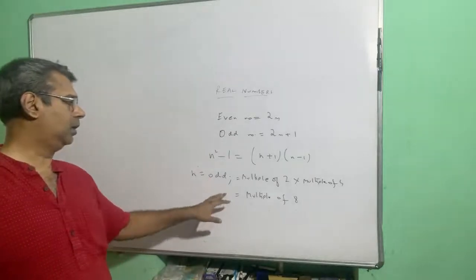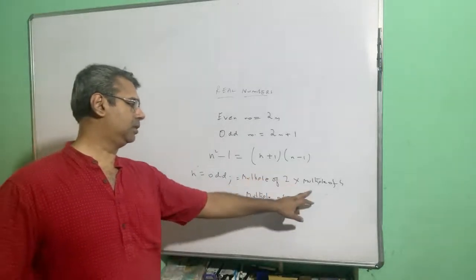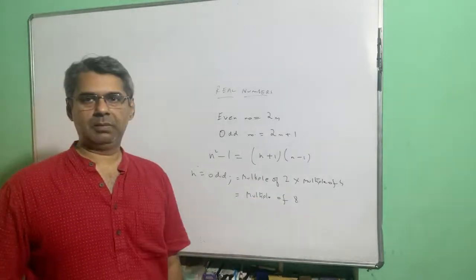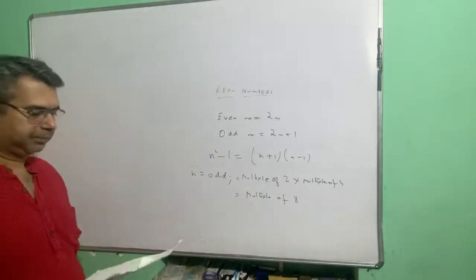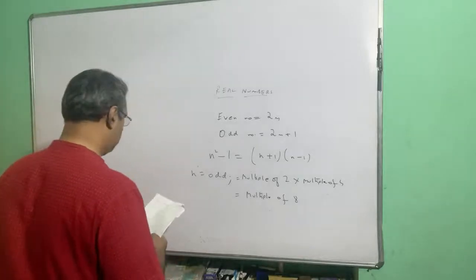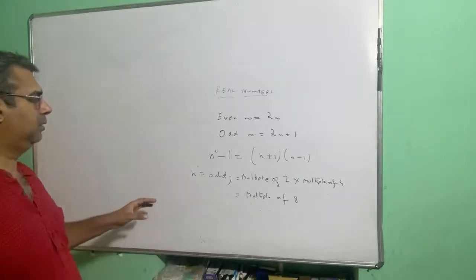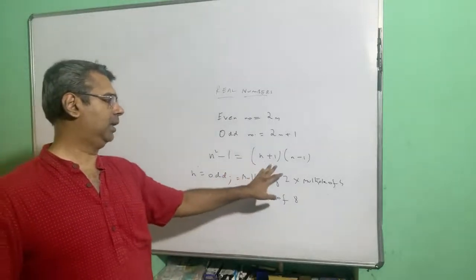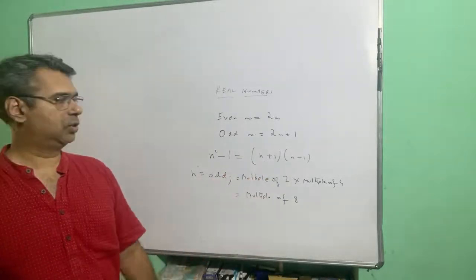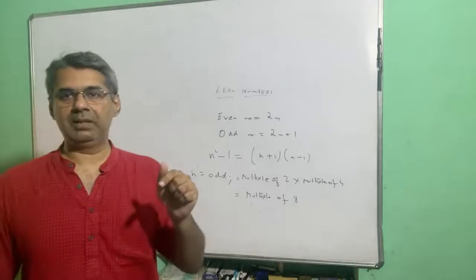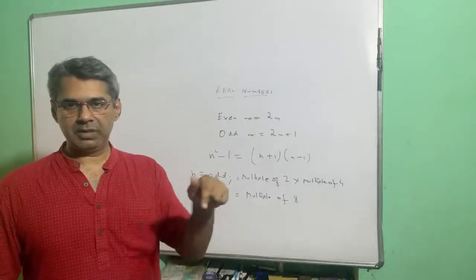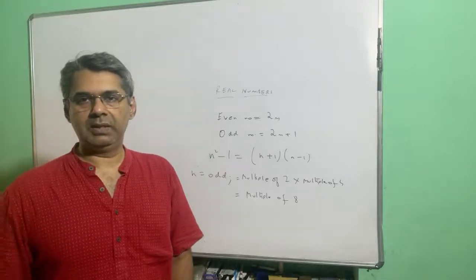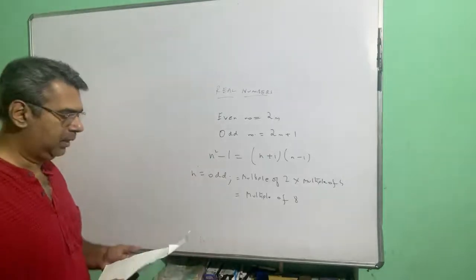If n is odd, then n plus 1 into n minus 1 is a multiple of 2 into a multiple of 4, and the product is a multiple of 8. Now this is a concept that whenever you have an odd number n, then n square minus 1 will always be a multiple of 8. This is a concept which you will require in the PDF, the link to which is given in the description box below.